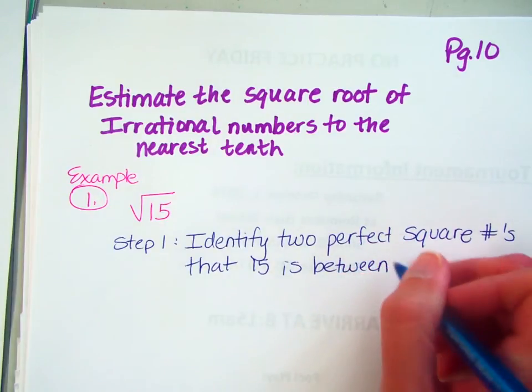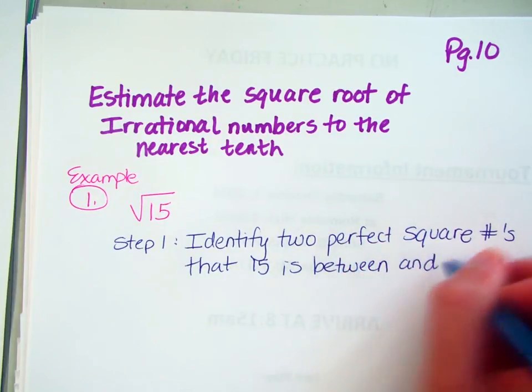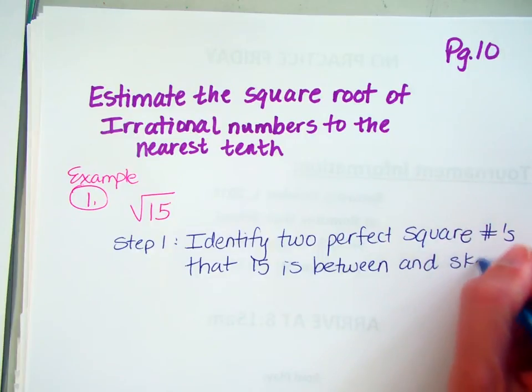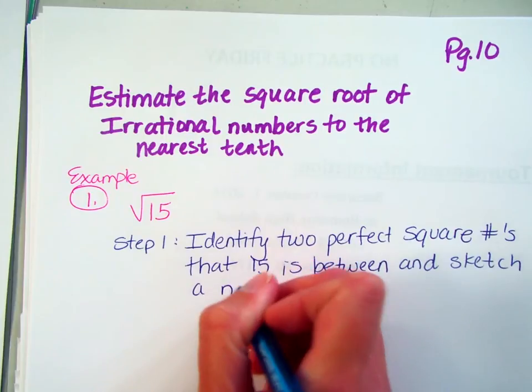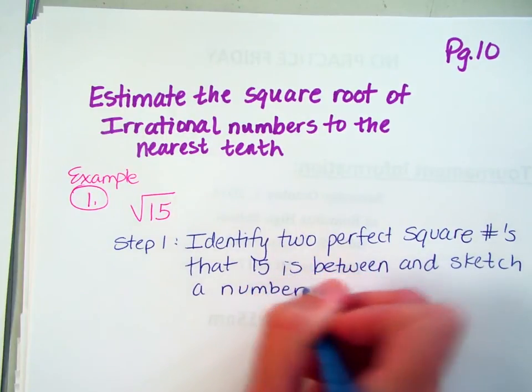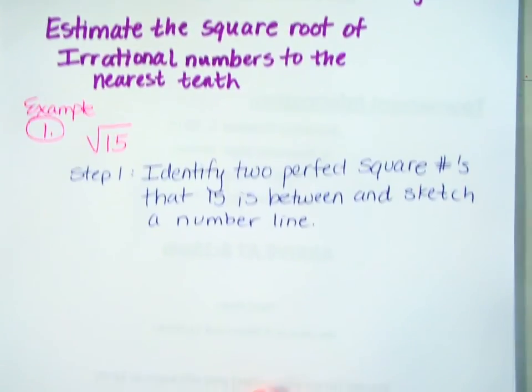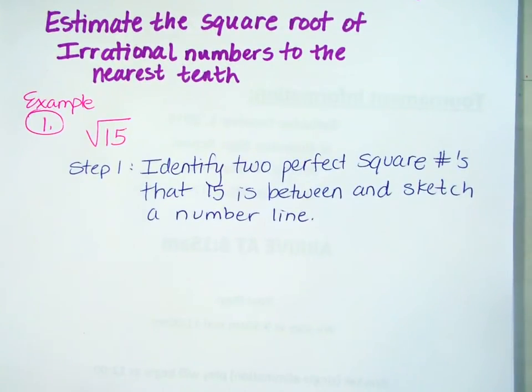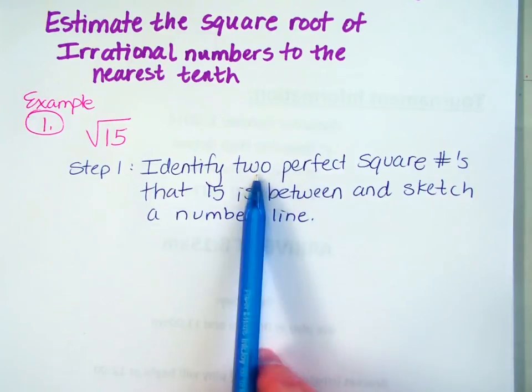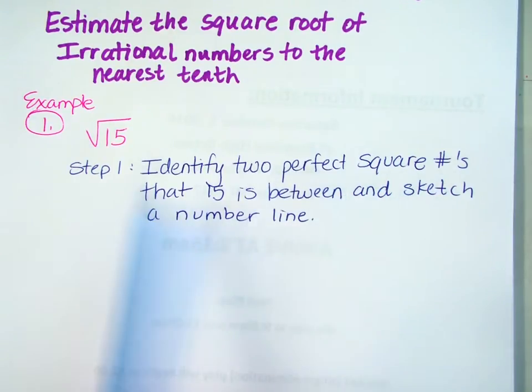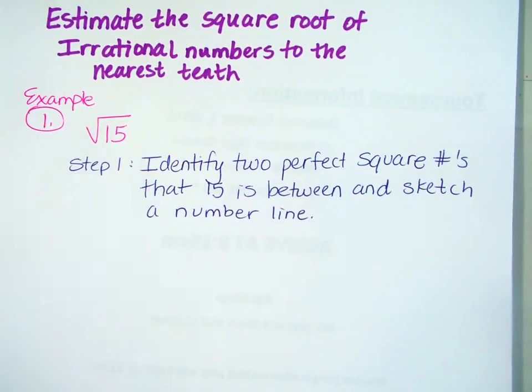And we're going to put these on a number line. So we're going to use that chart that you have. Figure out the two square numbers that 15 falls between. We'll put it on a number line.